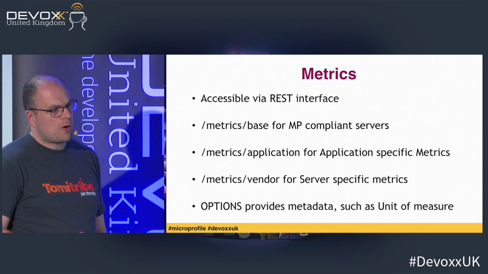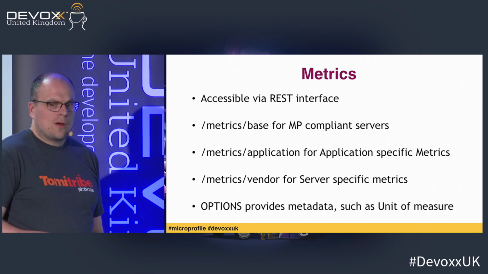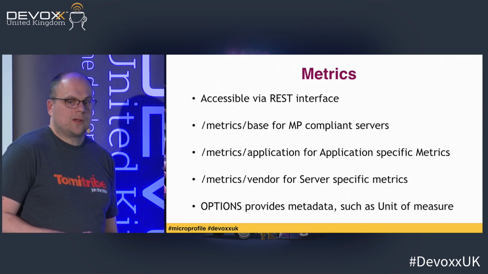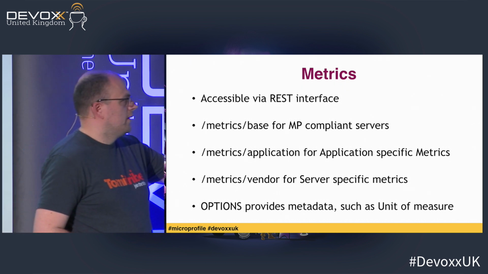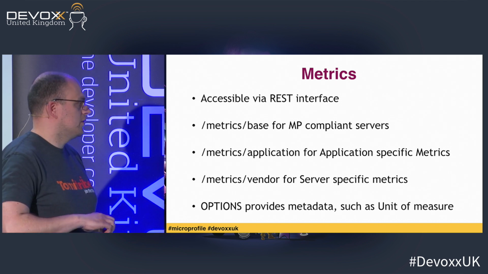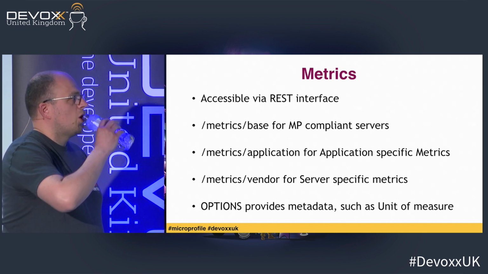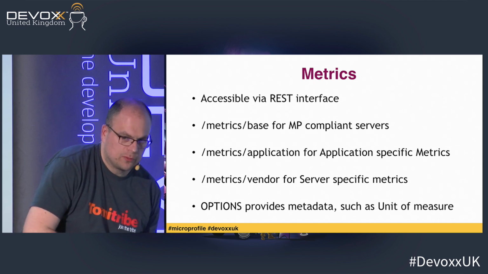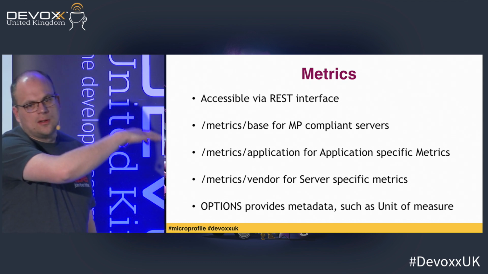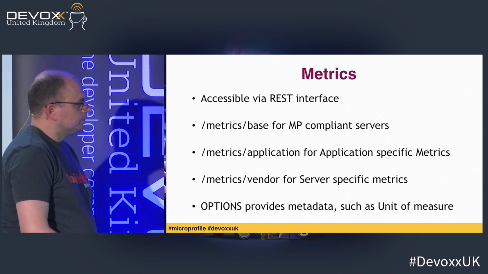So this is your opportunity to go and fill your application with metrics that are important to you and collect those numbers, and then they're made available under /metrics/application. So calling each of those endpoints will give you the set of metrics that's available in each different group.